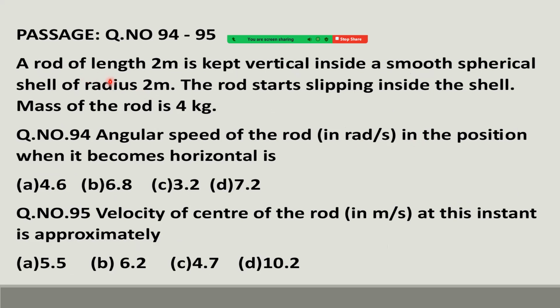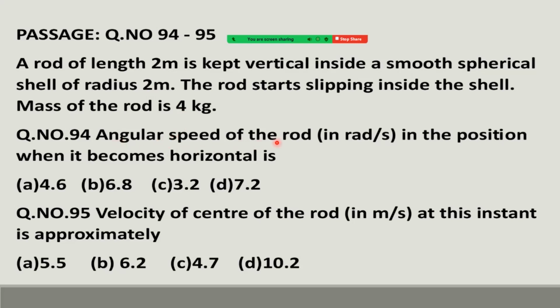See the next problem. A rod of length 2 meter is kept vertical inside a smooth spherical shell of radius 2 meter. The rod starts slipping inside the shell. Mass of the rod is 4 kg. Rod length is 2, radius is 2, mass is 4 kg.